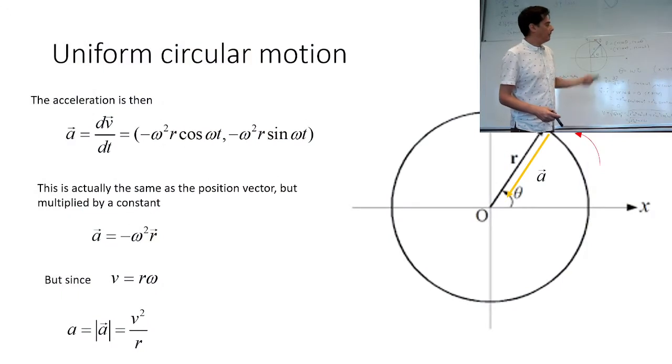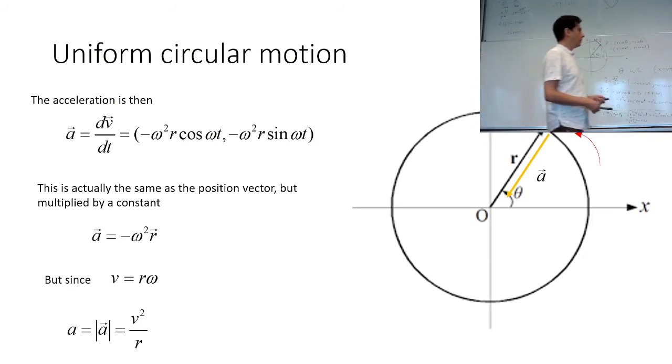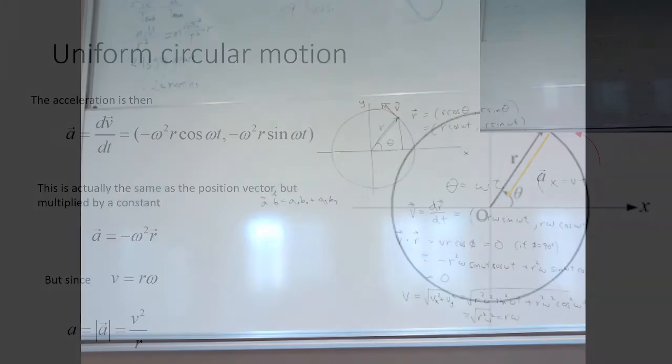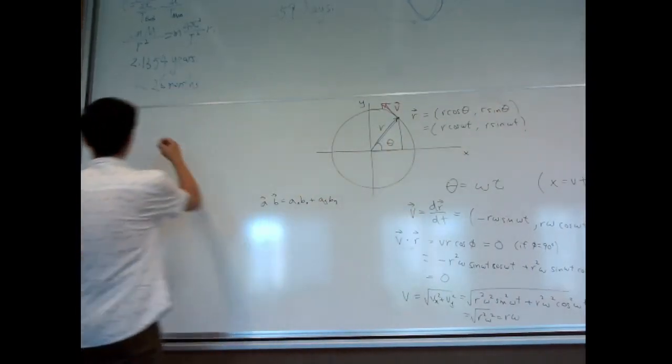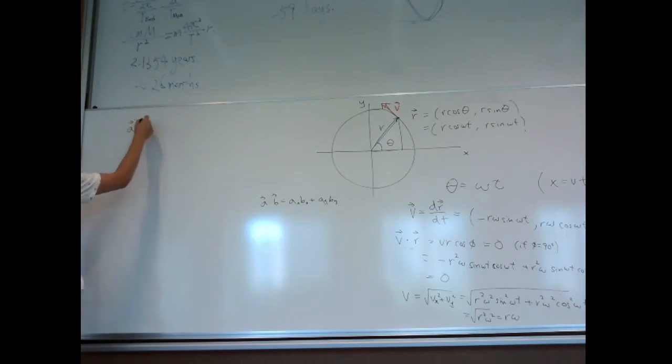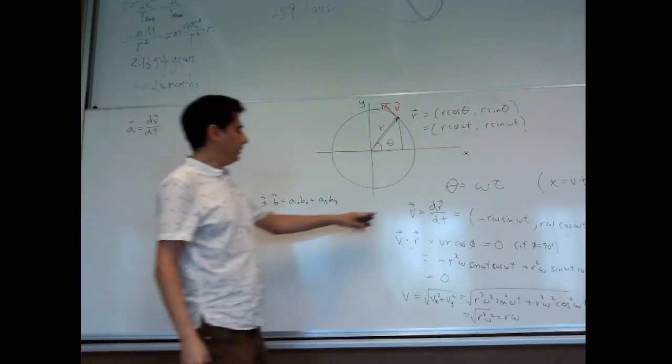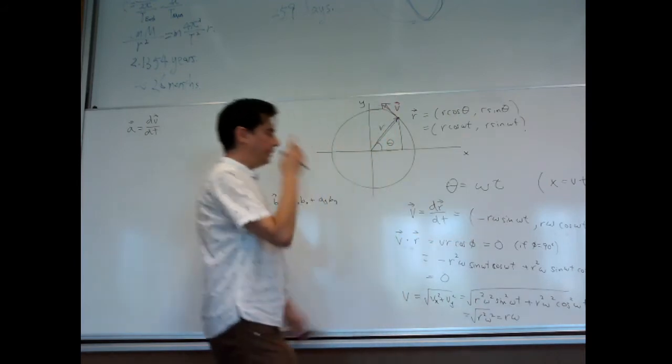Okay, and then if you want the acceleration, then we can also take the derivative again. So the acceleration vector, we just look at the velocity vector and then just take the derivative.